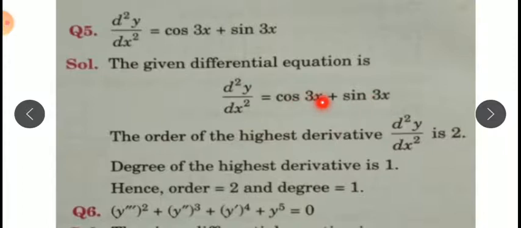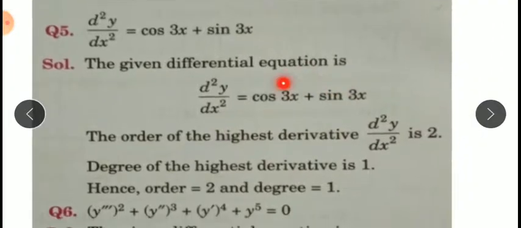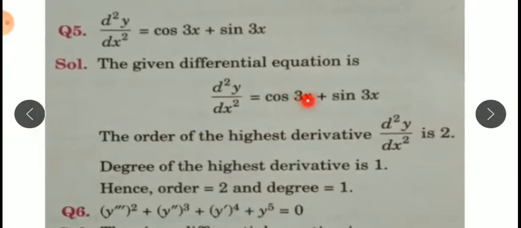This is not containing any derivative like cos dy by dx or like sin d2y by dx2. Means it is not containing any derivative in this part. Therefore, it is a differential equation that is polynomial. Hence, order is 2 and degree is 1.